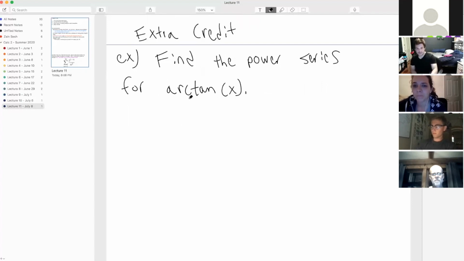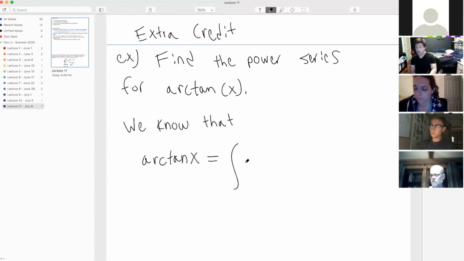Okay, so let me start this off for you guys. We want to realize arctangent as the integral of some function. So we know that arctan is actually the integral of, well, I think you guys know this, 1 over 1 plus x squared.